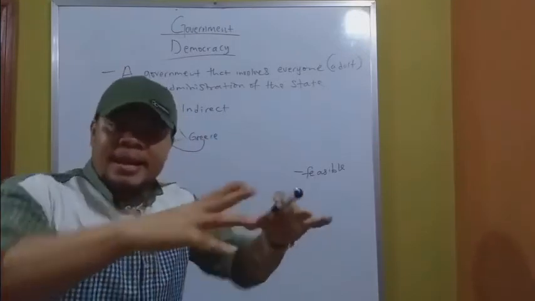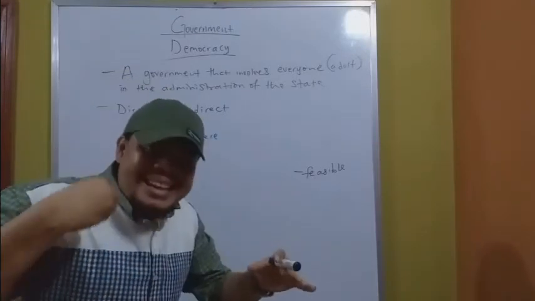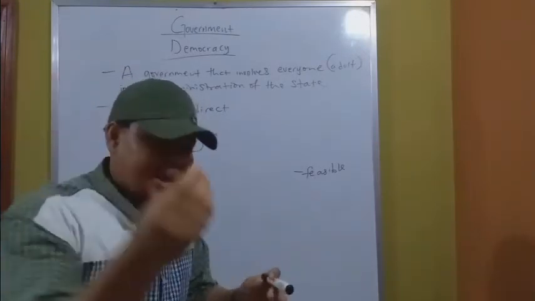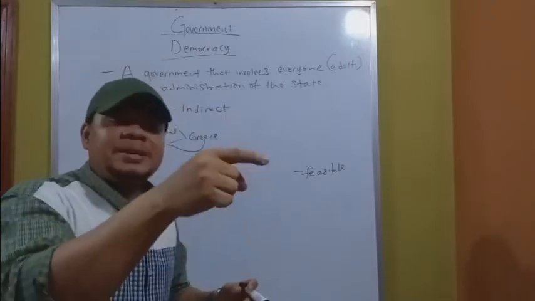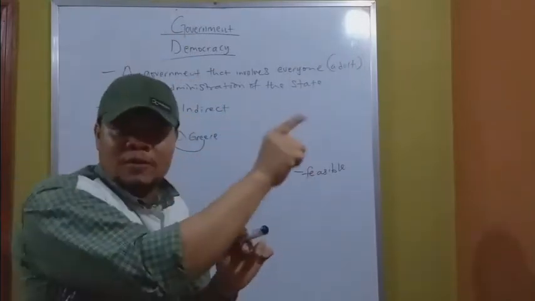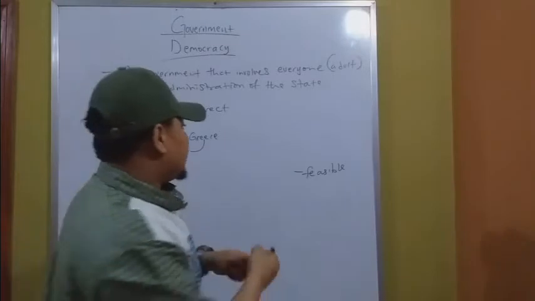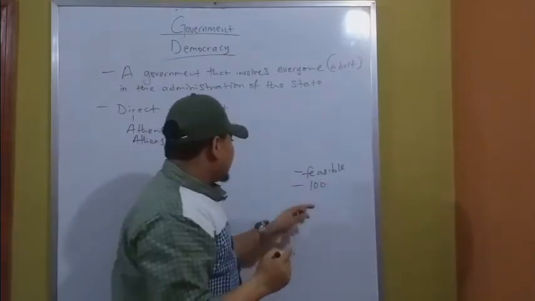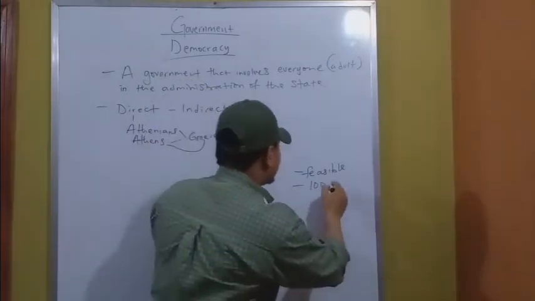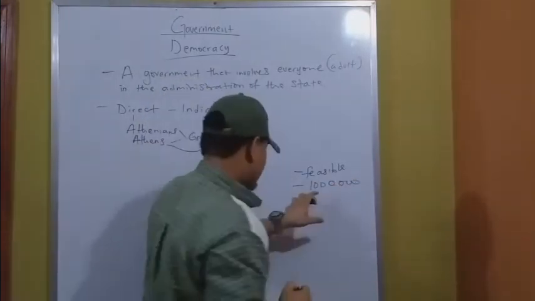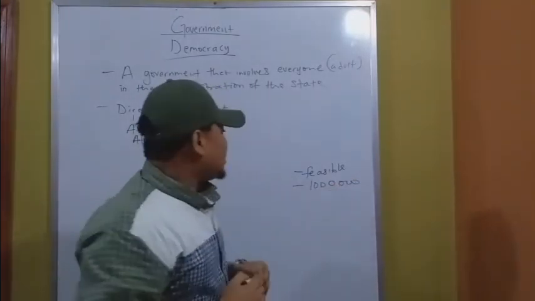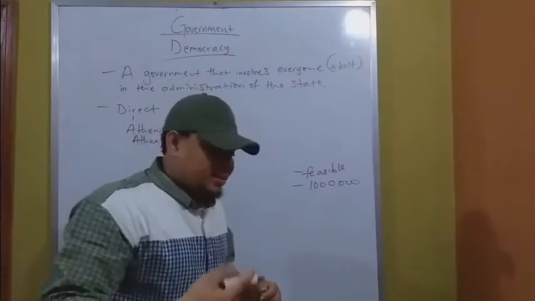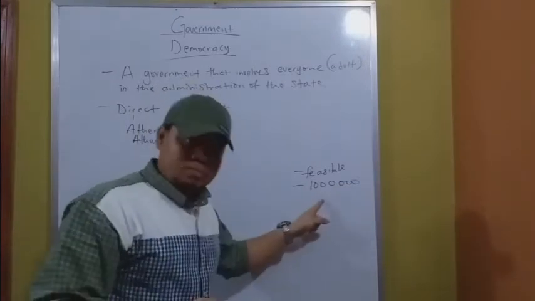Now, people in a country will elect through voting a few of them that will represent everybody in government. If a country has, for instance, 1 million people, this 1 million people cannot gather in one place. There is no place that can accommodate 1 million people.